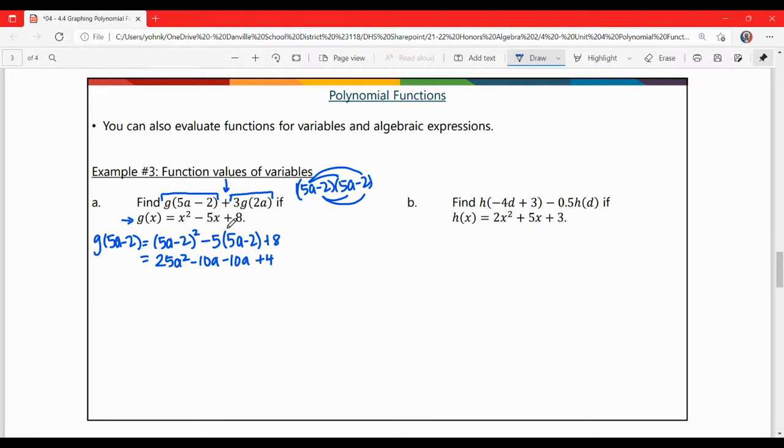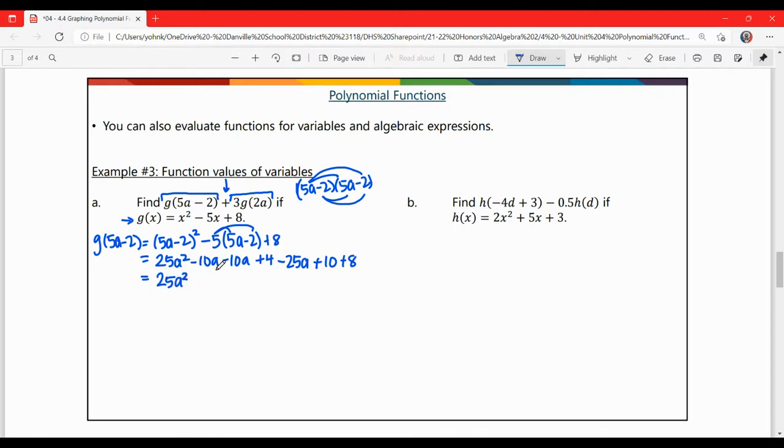So that's the whole 5a minus 2 quantity squared. Now we're going to distribute the negative 5. So negative 5 times 5a is negative 25a. Negative 5 times negative 2 is a positive 10, and that plus 8 is just hanging out. Now let's see if there's any like terms we can combine and simplify. I have 25a squared. That looks like my only a squared.